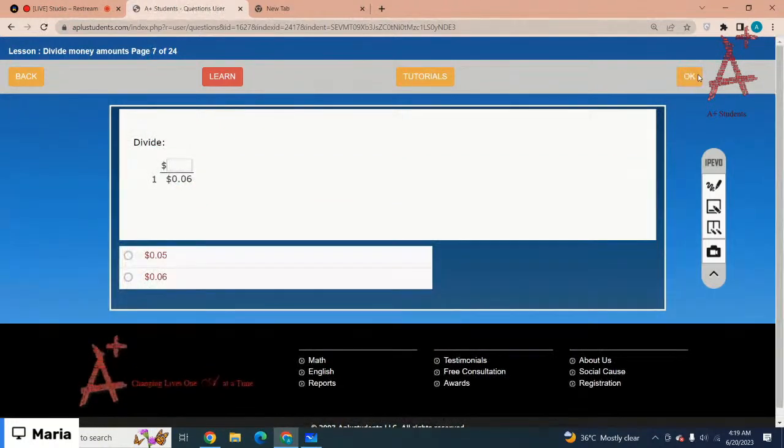Okay, you have to divide 0.06 divided by 1. So which is the correct option?